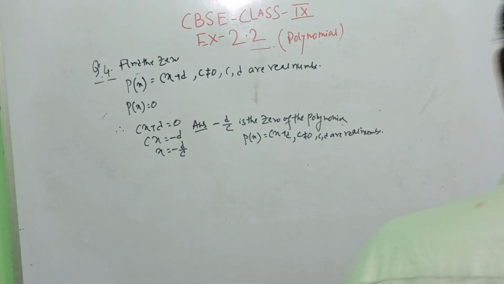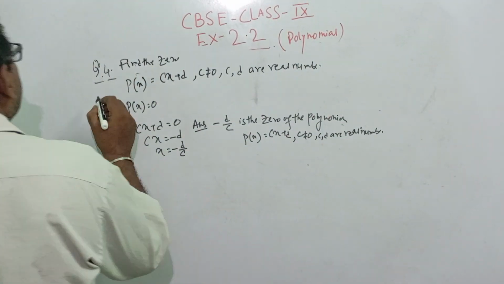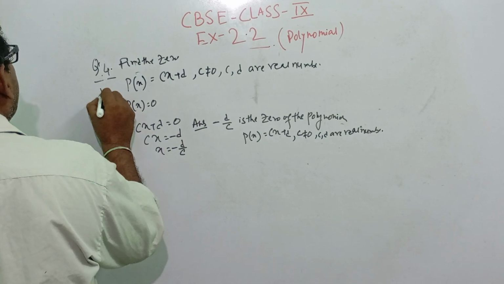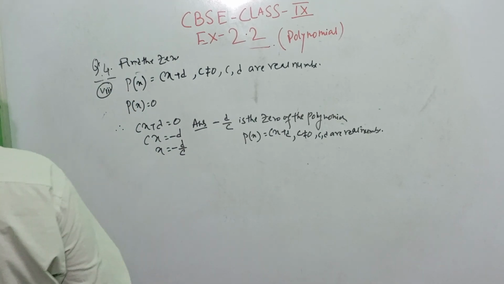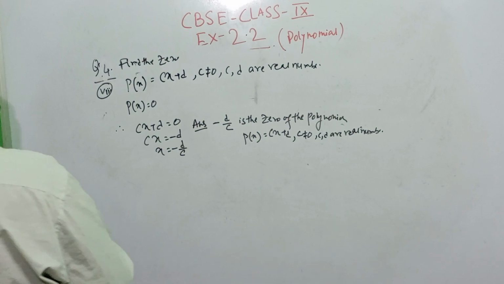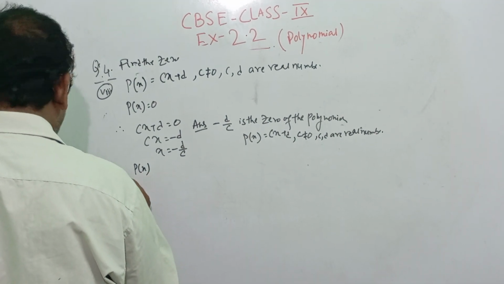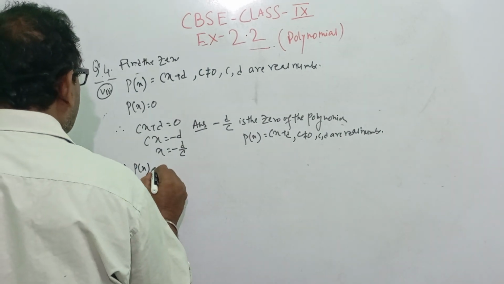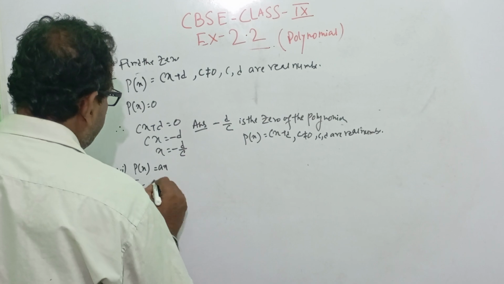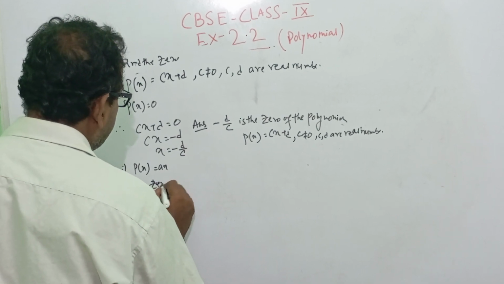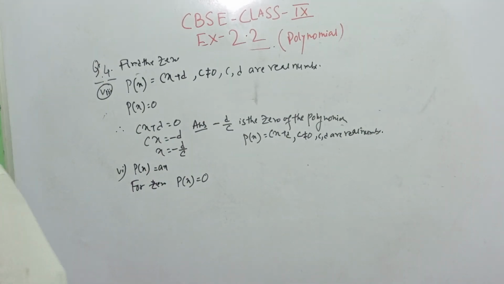Now last one. Now they have said p(x) is equal to ax. Then for zero, ax should be equal to 0.